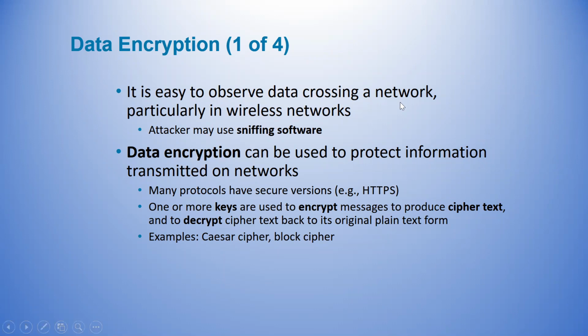And network is one strong, important one, right? So data goes through the network. An attacker may be using sniffing software. That means it sniffs at your data and tries to crack it, hack into it. Data encryption can be used to protect information transmitted on networks.